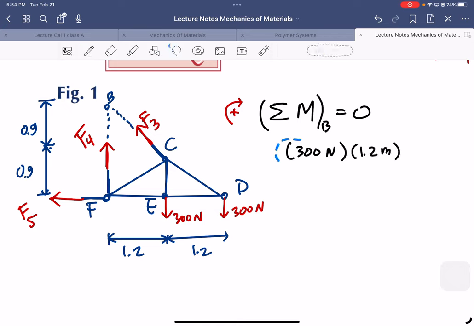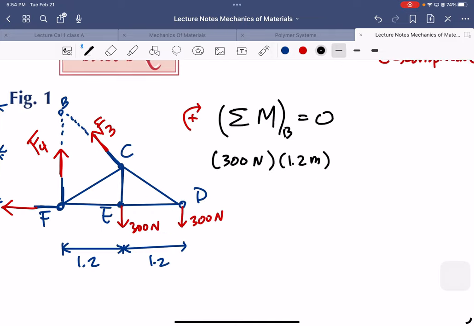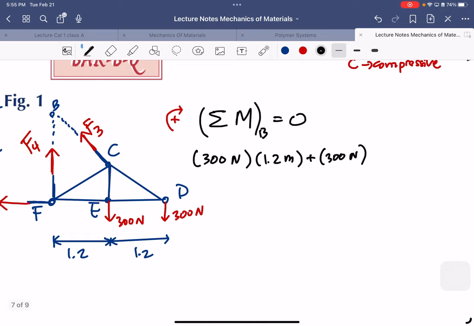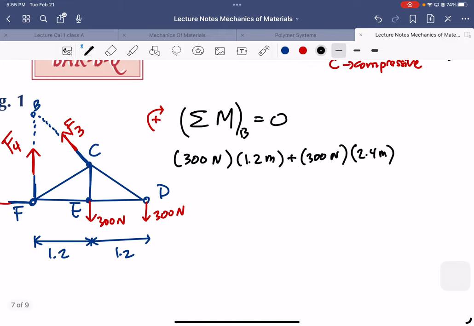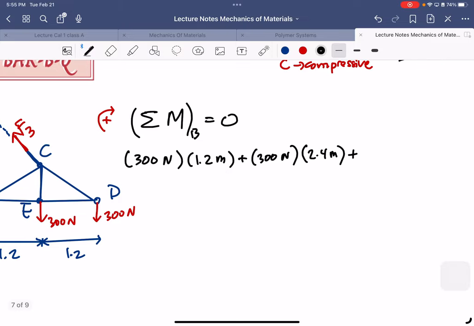Units are important to write, because sometimes mistakes happen when you convert units. And this is clockwise, right? 300, and then another 300 from D, 300 Newton, multiplied by 1.2. 1.2 is 2.4 meter, and plus the F5.